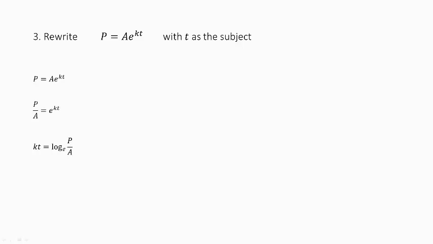So the base stays the same, the x and the y value change, so kt equals log to the base e of p on a. Divide both sides by k, to get t by itself. And that's our answer. We've rearranged to get t by itself.